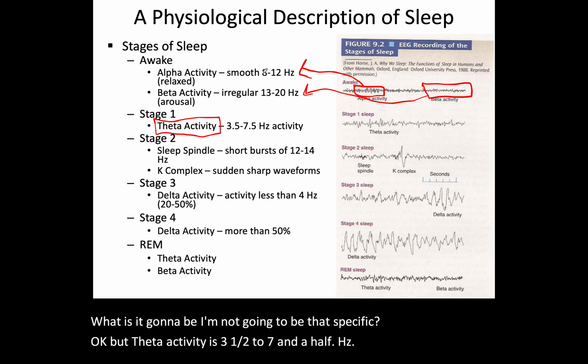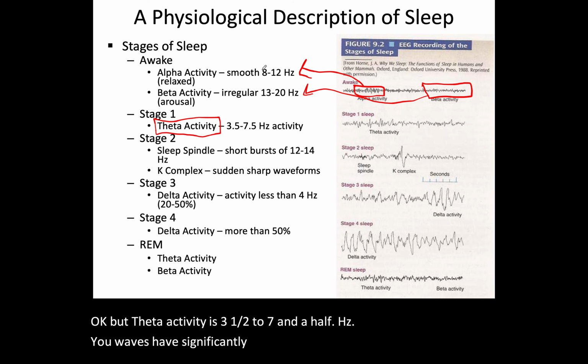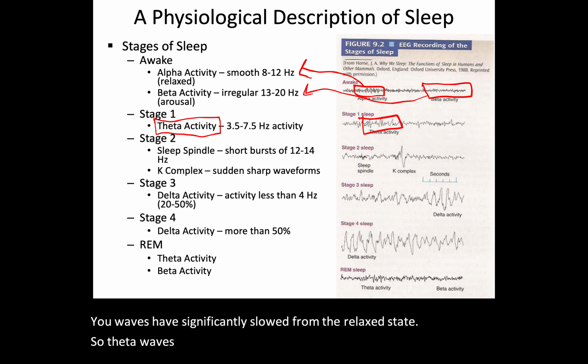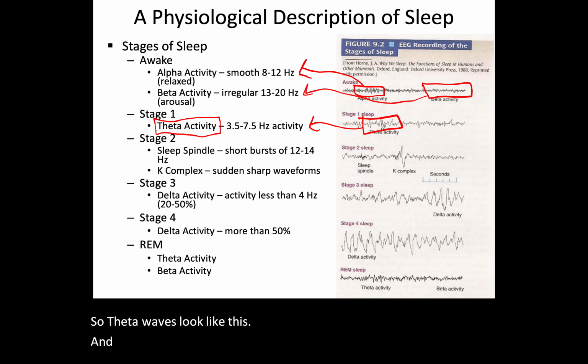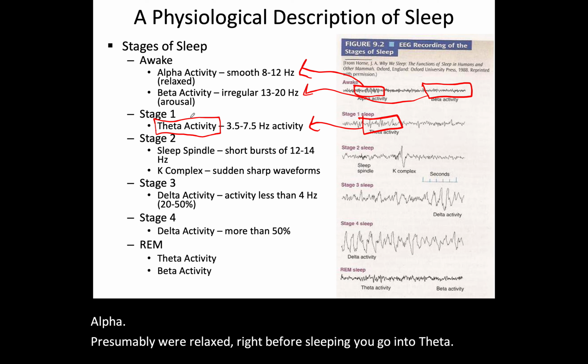Your waves have significantly slowed from the relaxed state. So theta waves look like this. And we know you're in sleep mode when you are shifting down from alpha. Presumably you were relaxed right before sleeping. You go into theta. Now that's stage one.